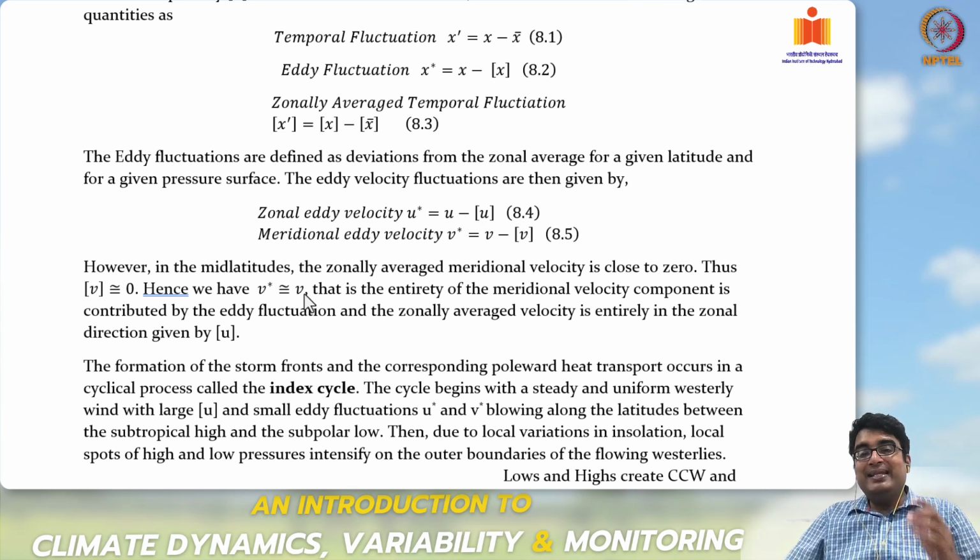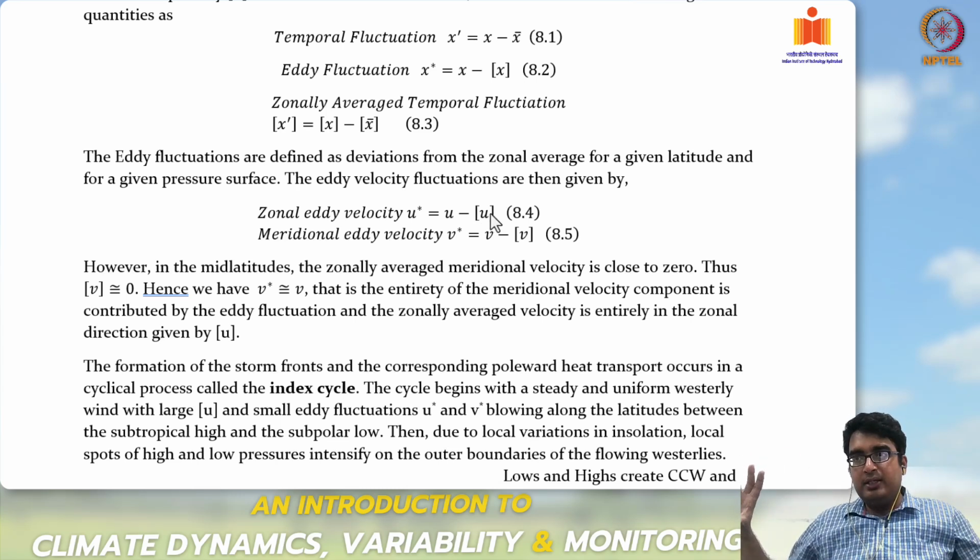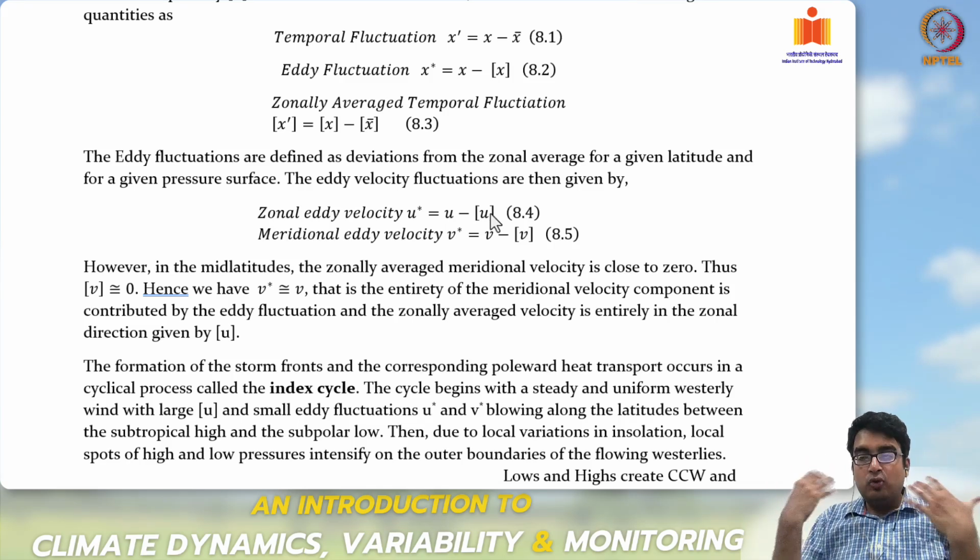Okay. That is, the entirety of the meridional velocity component is contributed by the eddy fluctuation and the zonally averaged velocity is entirely in the zonal direction. So the average zonal velocity is given by u under brackets only.